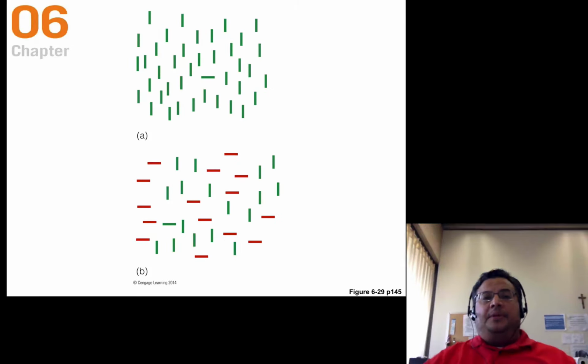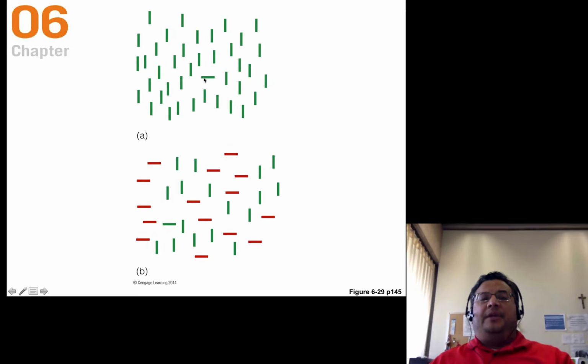So for example, here I can do a very simple search. I can say find the horizontal line. That's pretty simple, right? I can say find horizontal lines that are green.